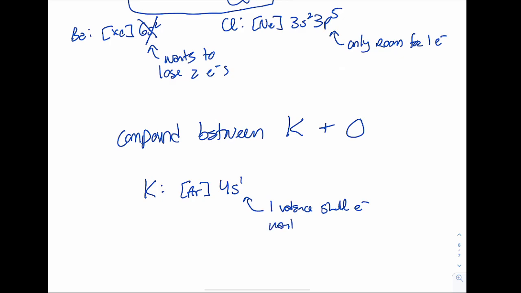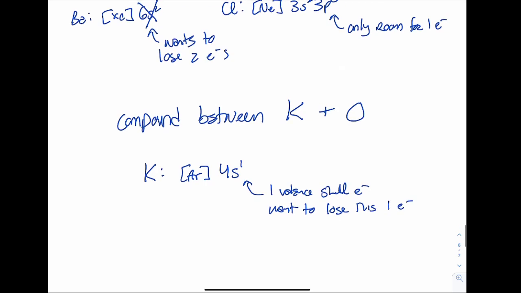It wants to lose this 1 electron, right? If it lost that electron, right, potassium with a +1 charge, it would have the same electron configuration as argon. It would have that octet.